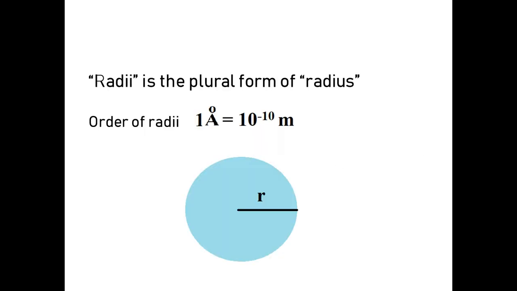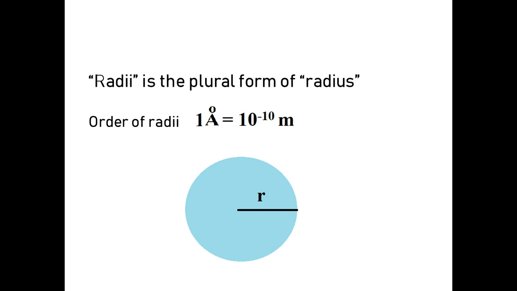So basically it is quite impossible to calculate the exact value of the radius of an isolated gaseous atom. You must note that a radius is always calculated in a bonded form of an atom. If that atom is not in a bonded form, then it is impossible for us to calculate the exact radius of an atom.